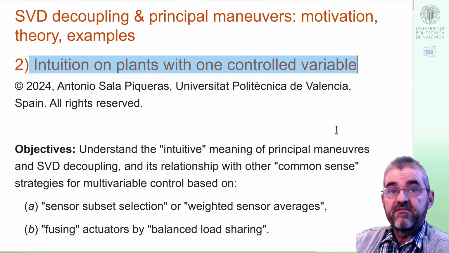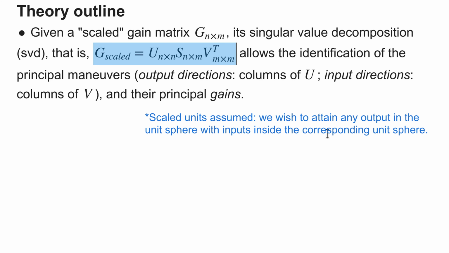Let us start by reviewing the basic theoretical ideas from the previous video before delving on the particular case. If we had the DC gain of my process, I could carry out singular value decomposition of it. The columns of U were the output directions of the principal maneuvers, the columns of V were the input directions of the principal maneuvers, and the diagonal of S contained the gain of such principal maneuvers.